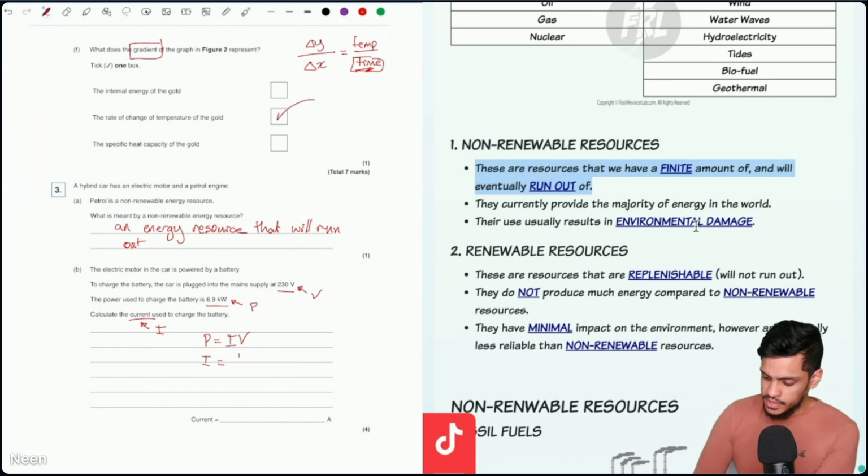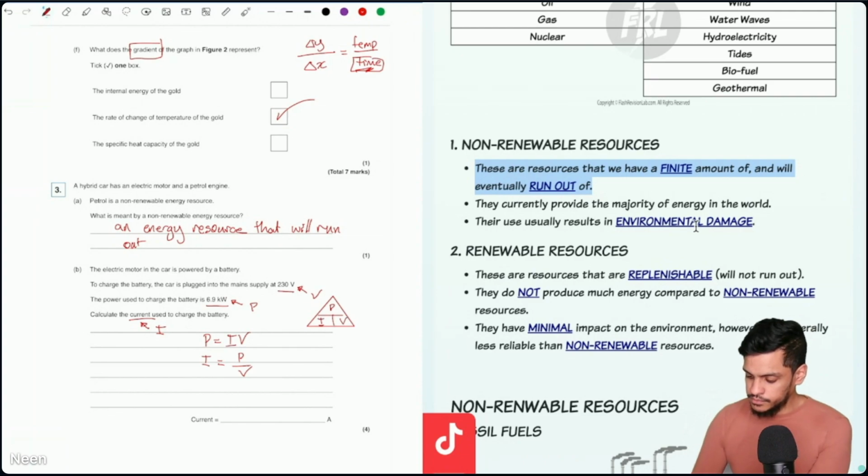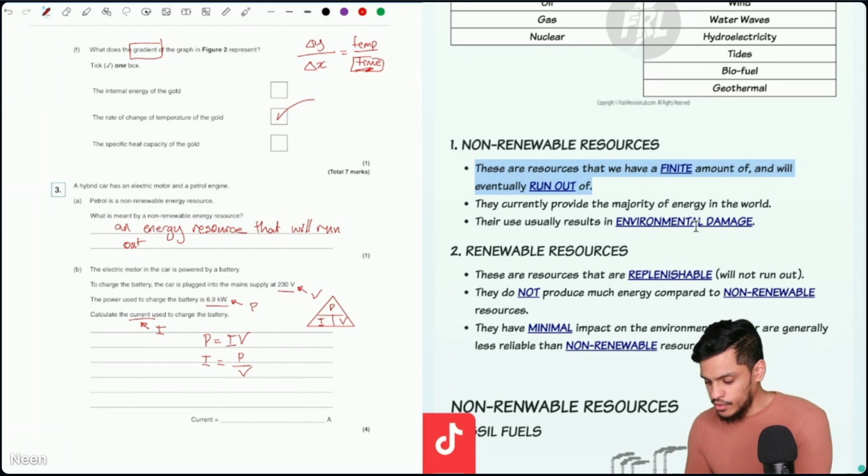So that's going to be power divided by potential difference. Let me show you the triangle. The triangle we're dealing with is P at the top, I and V at the bottom. So if you cover the I, you get P over V.